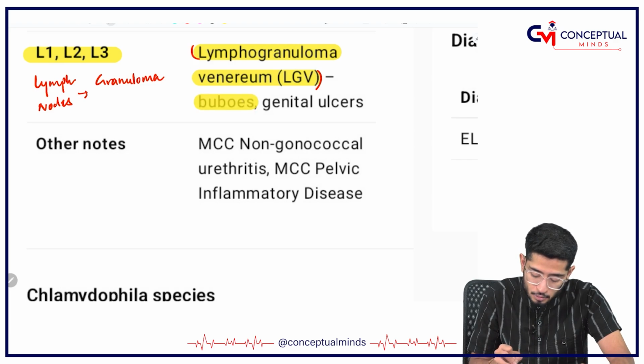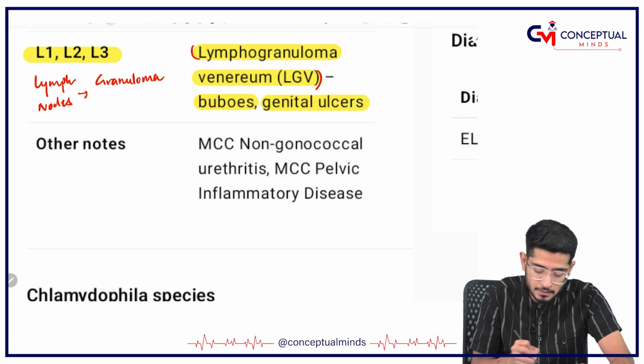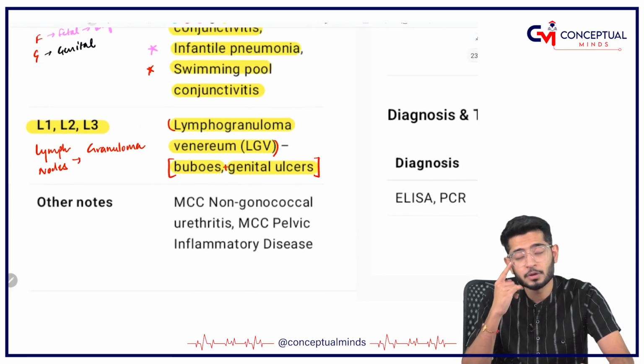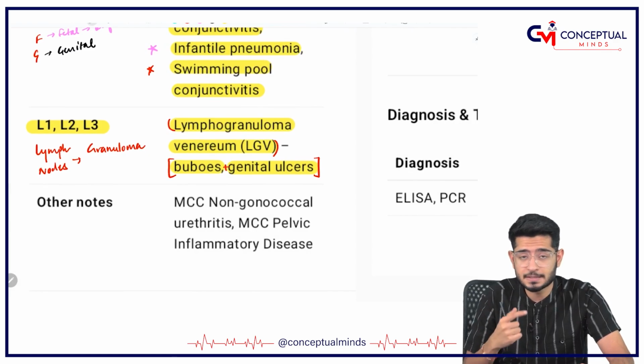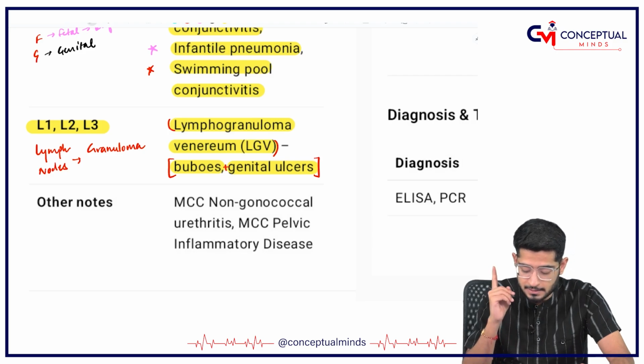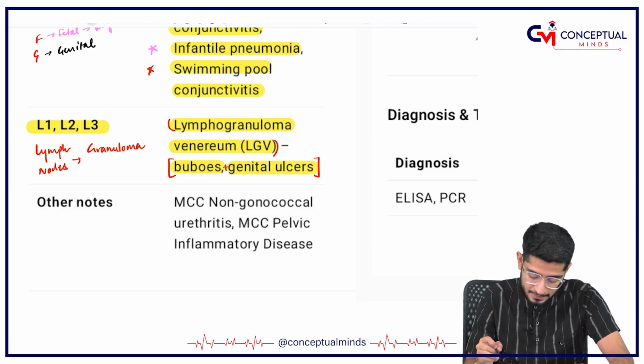That is called buboes, and obviously it is also going to have genital ulcers. This is very important when we discuss sexually transmitted infections, but as of now please understand lymphogranuloma venereum has two things: one is the buboes and the other is the genital ulcers.